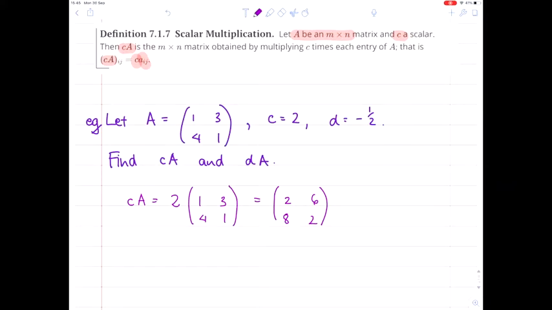On the other hand, if we take D, which is equal to minus a half, and we multiply that by the same matrix, then we're going to get minus a half, minus 3 over 2, minus 2, and minus a half. So nothing to it. Works the same as vectors when we scaled those.